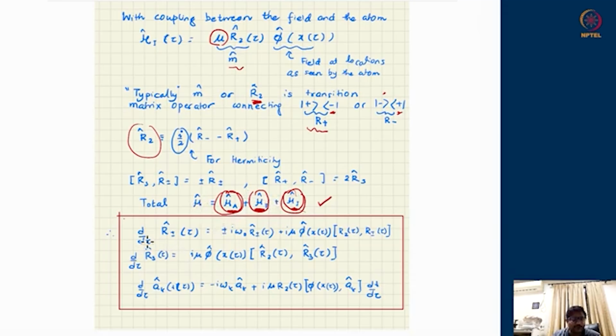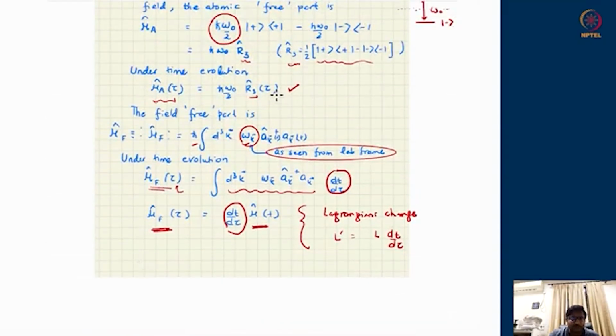So when I compute the evolution of R plus, it will involve the commutator with HA and the commutator with HI. The commutator of R plus with HA will give me this term, which is the free evolution of the atomic system. But due to interaction, this new term will be generated, which is the commutator of R plus with the interaction Hamiltonian.